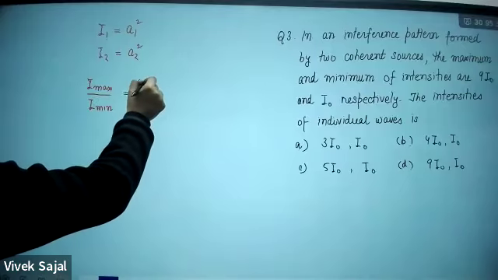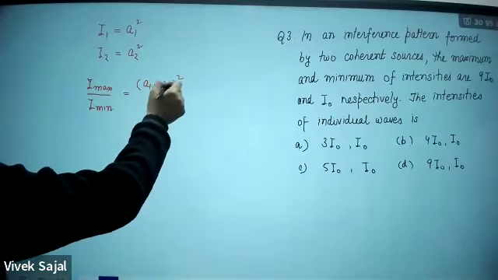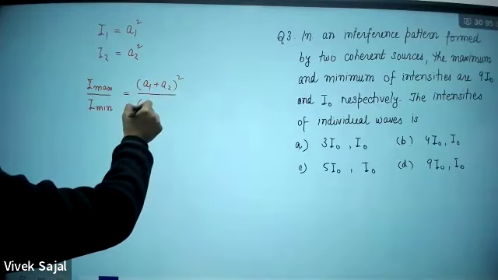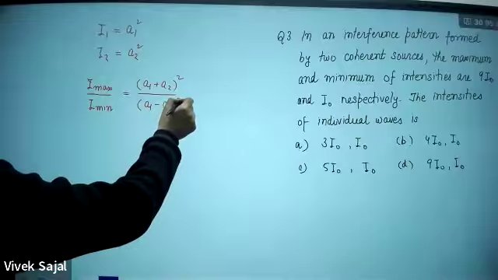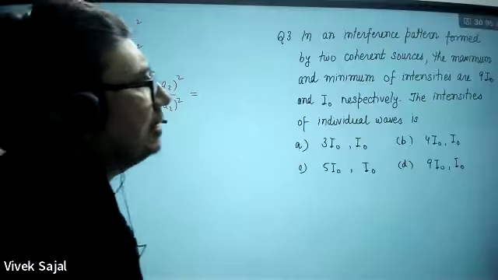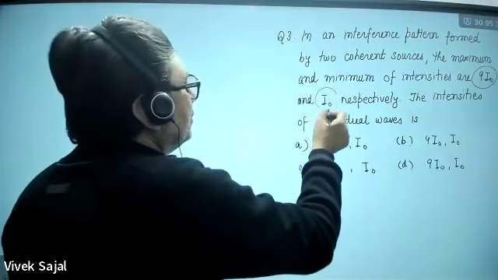I max is given by A1 plus A2 whole square, and I min is given by A1 minus A2 whole square. I max is 9 I0 and I min is I0.